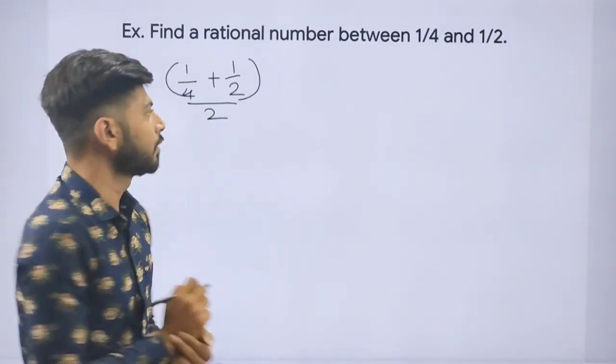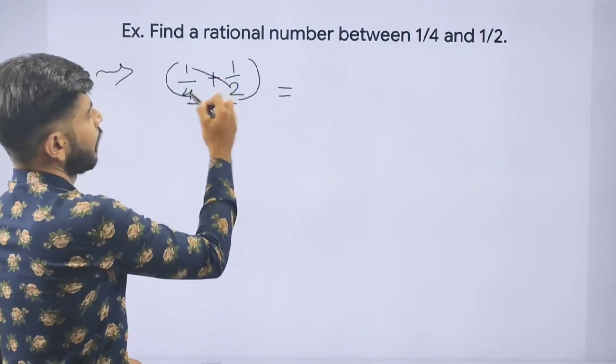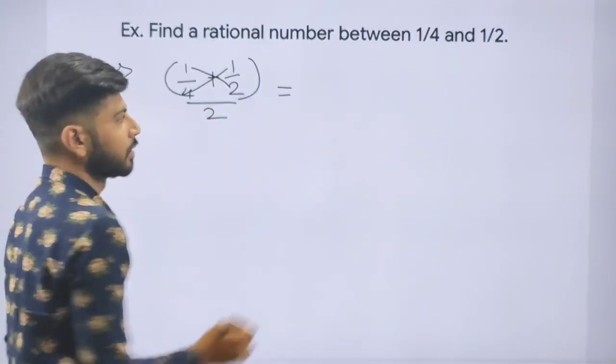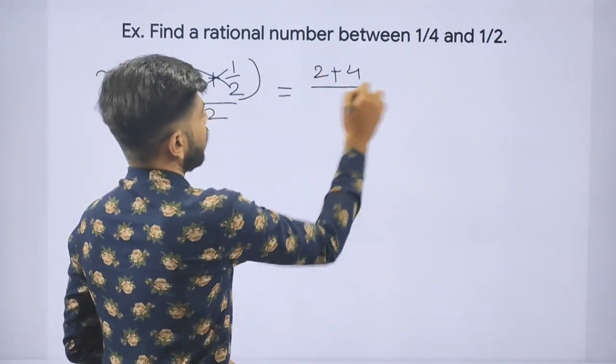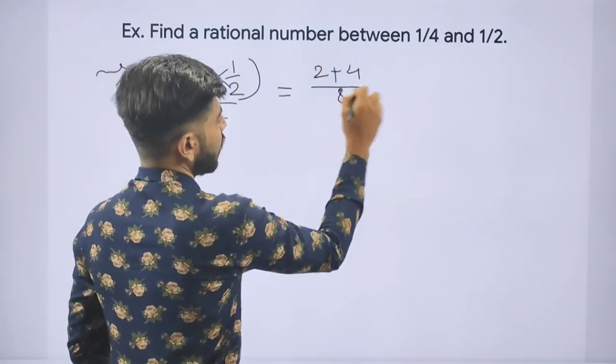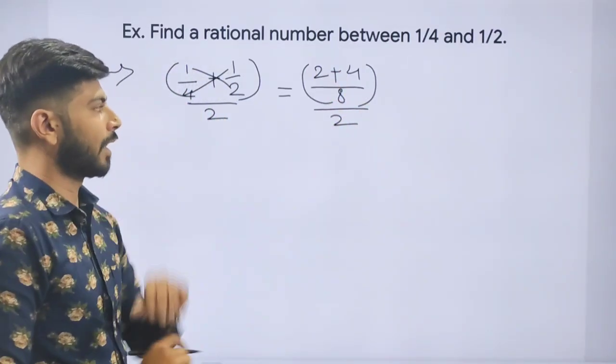So what will we get? We will just cross multiply and multiply the denominators. So 2 ones are 2 plus 4 ones are 4, and 4 twos are 8. We have to divide it by 2 at last.